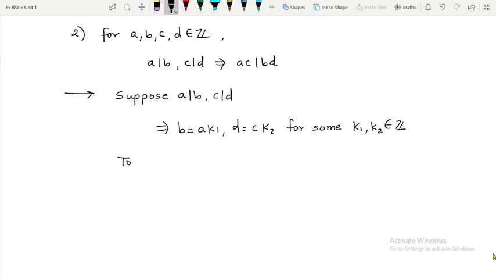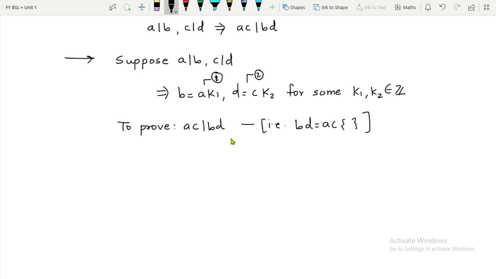We have to show BD is equal to AC multiplied by some integer. That some integer can be anything. It can be a product of integers, it can be a sum of integers, it can be anything. So therefore it is called for some integer. Obviously there are reasons for every statement in mathematics. So the idea is simple. Can you guess what the idea should be?